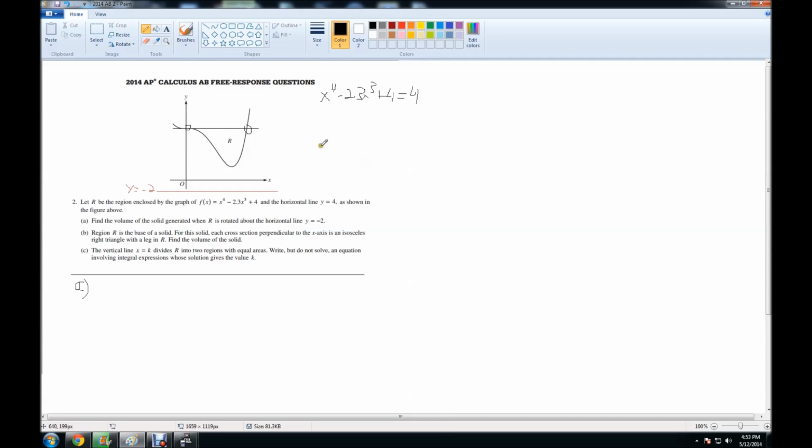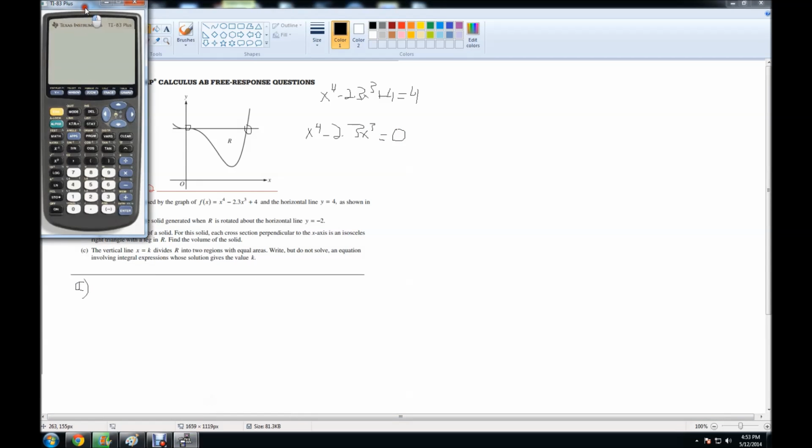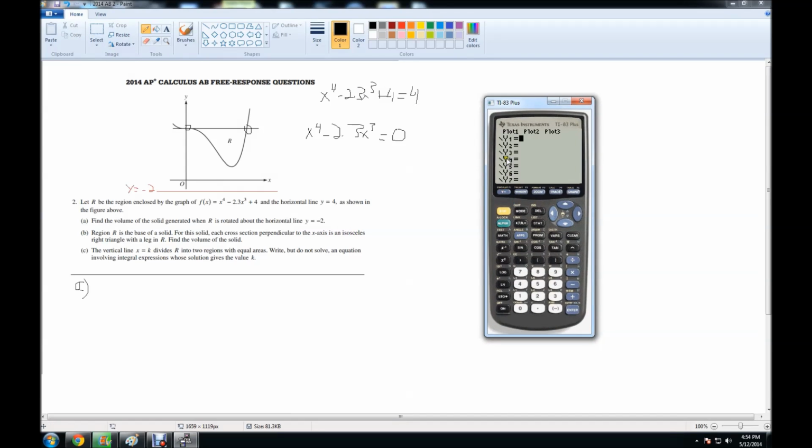So the 4's disappear, and you're left with x to the power of 4 minus 2.3 x cubed is equal to 0. So let's go ahead and graph this on our graphing calculators. Y is equal to x to the power of 4 minus 2.3 x cubed. Graph.